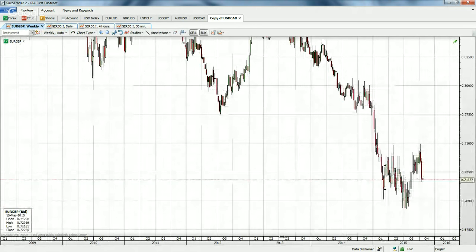This looks like a head and shoulders formation, or a reverse head and shoulders formation, with ample scope to move to the downside yet. Okay, so this is our potential head, and at the moment this is only a potential head and shoulders formation.